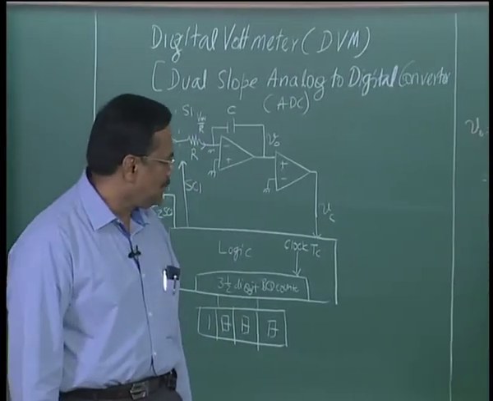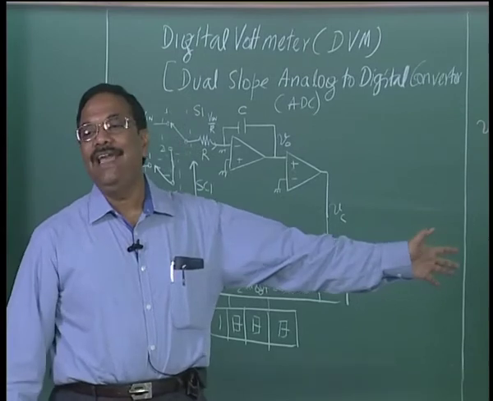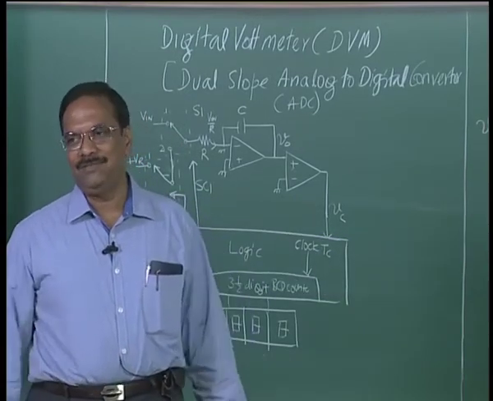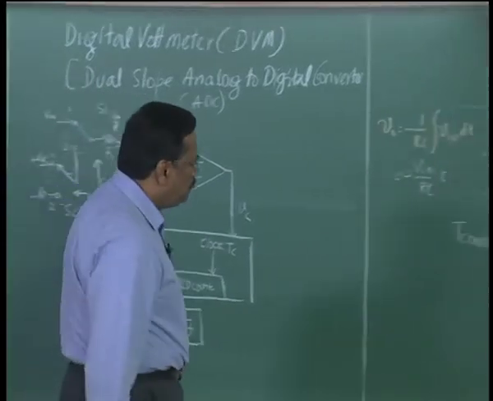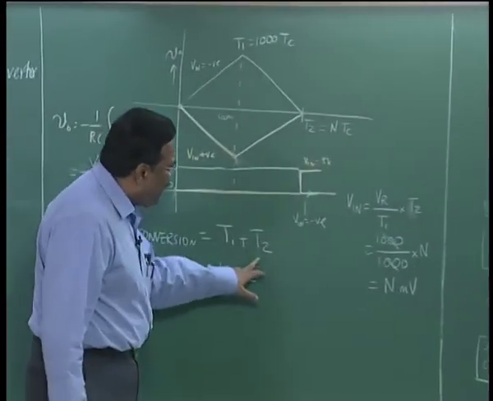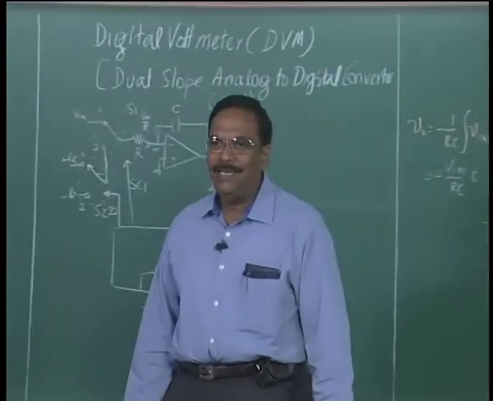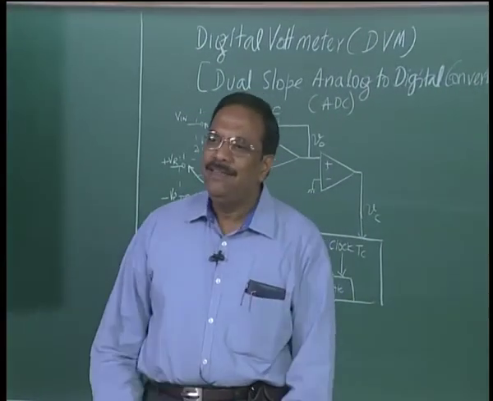Then only I will get my n as indicating V in in terms of millivolts, and T2 depends upon V in. If V in is equal to 0, T2 would be 0.